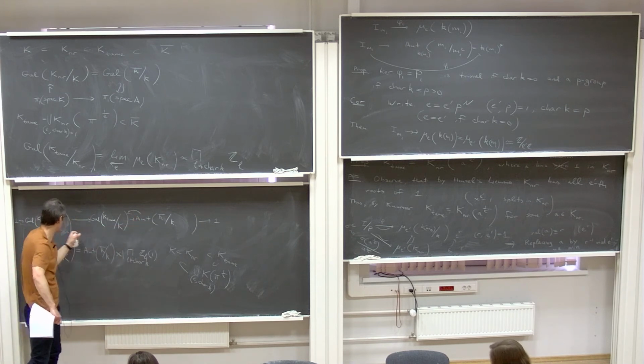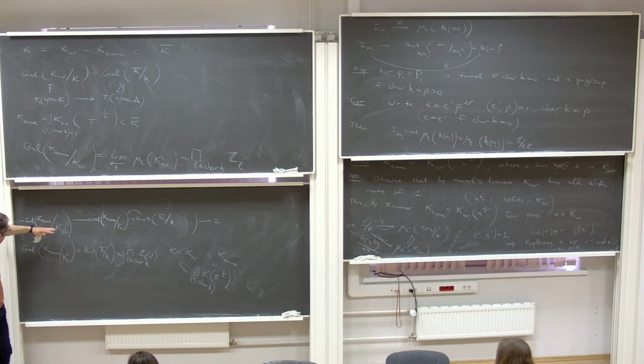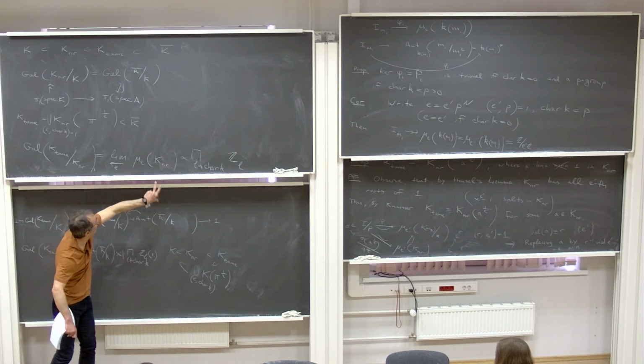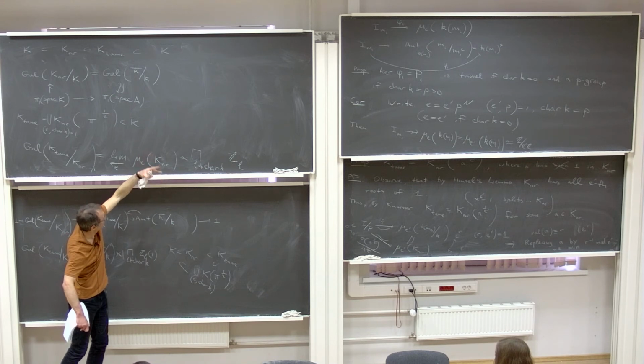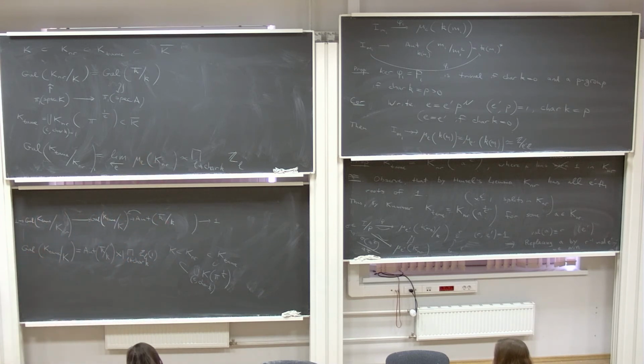inner automorphisms on here is given by, well, if you identify this group with roots of unity, then the action of this Galois group here is the natural one, given by its action on roots of unity.